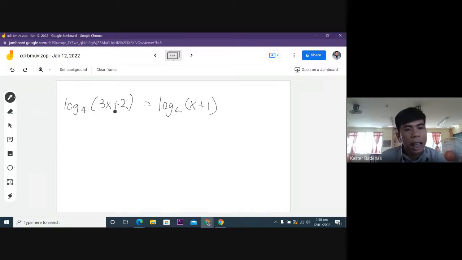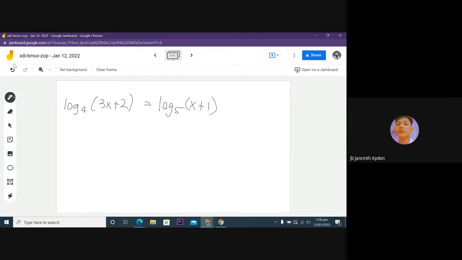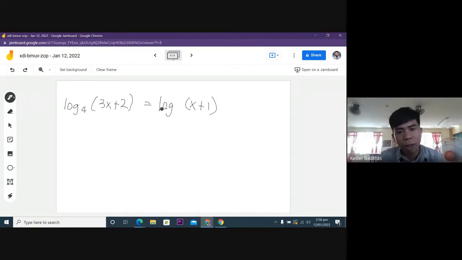Ayan, class. Kunwari, class, base 5 yung nalagay ko. Pwede ba i-cancel? Ito? No po. Bawal ha. Malinaw ha, bawal. So, logarithm of 4 lang. Okay? So, logarithm of 3x plus 2 with a base 4 is equal to logarithm of x plus 1 with a base 4.